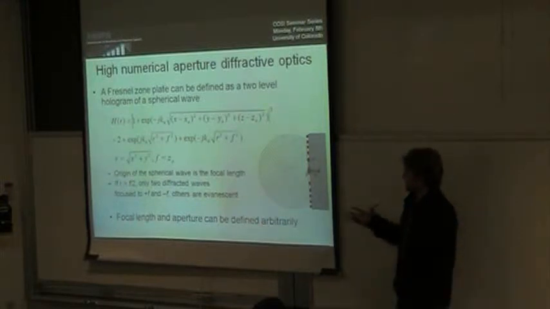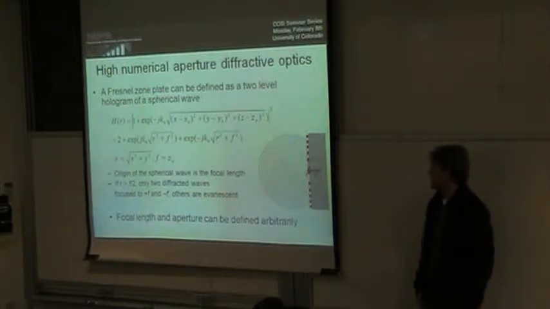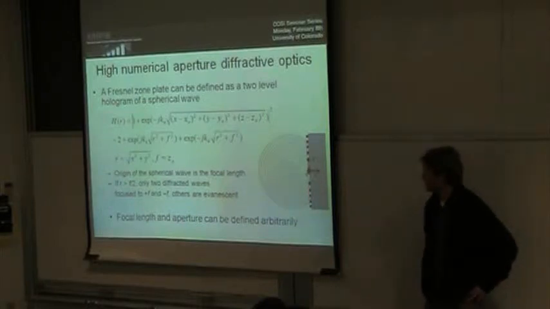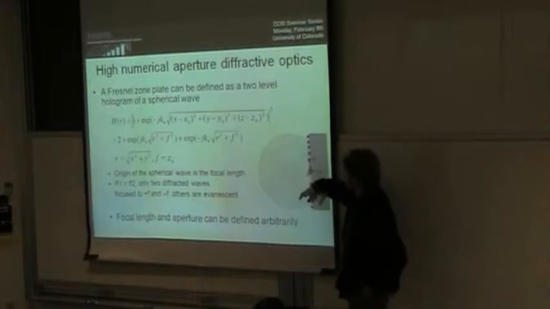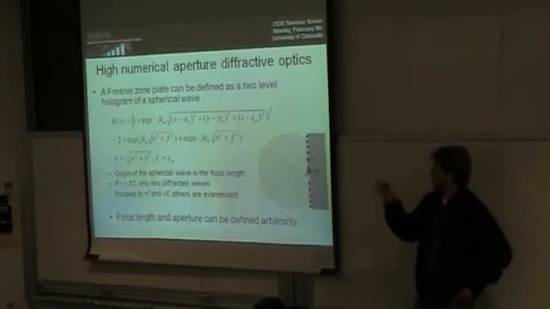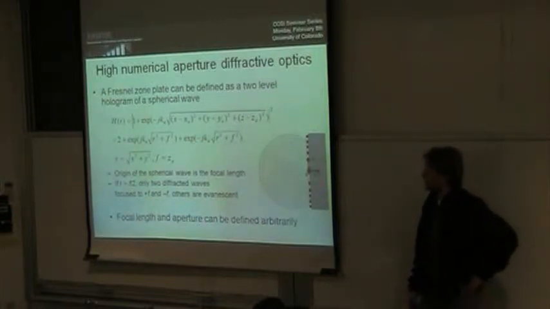And another interesting aspect of these large numerical aperture diffractive lenses is that they don't have higher order focal spots. Normally you think of a diffractive lens as creating very many focusing orders. But when the numerical aperture is large, the only diffracted waves are a wave that focuses to plus f, and then one that diverges at minus f.